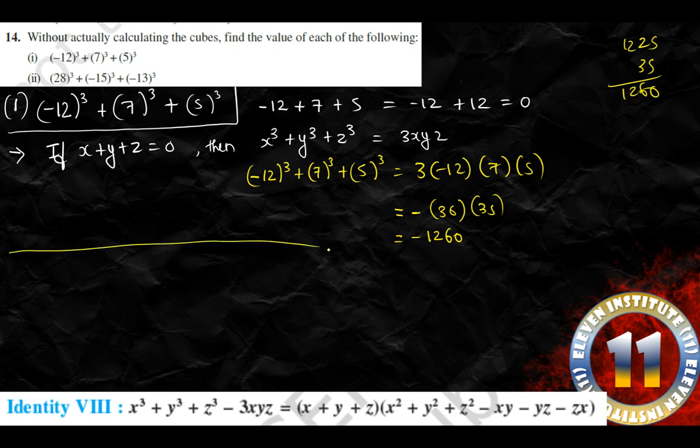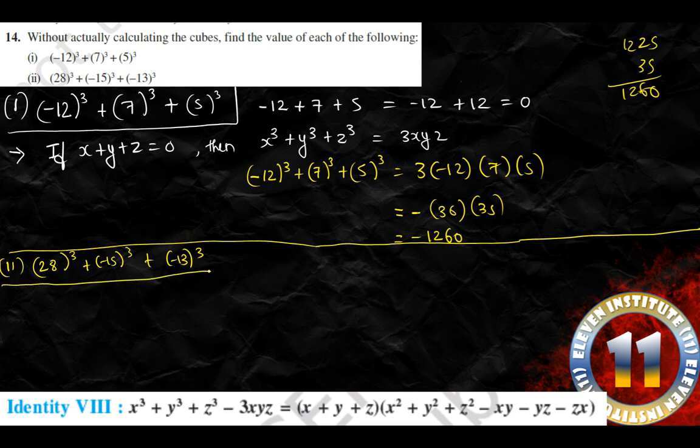I hope this is very much clear to you and you don't have any doubt in this. Now we will try the second one over here. We want to find 28 the whole cube plus minus 15 the whole cube plus minus 13 the whole cube, right? This is our question.